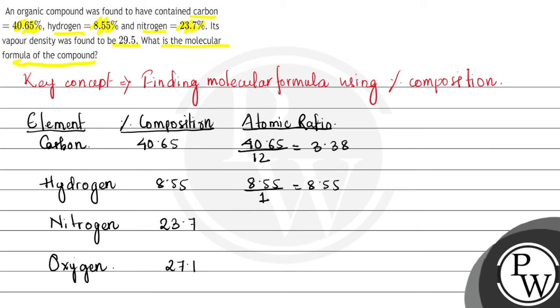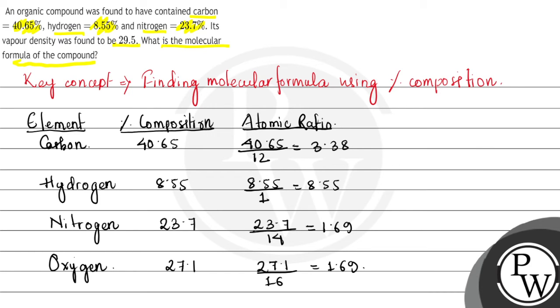And for nitrogen, we divide 23.7 by 14, which is the atomic mass of nitrogen, which will be equal to 1.69. For oxygen, we divide 27.1 by 16, which will also be equal to 1.69.